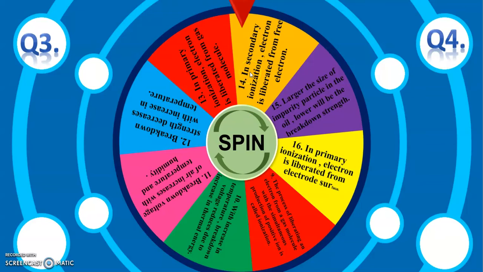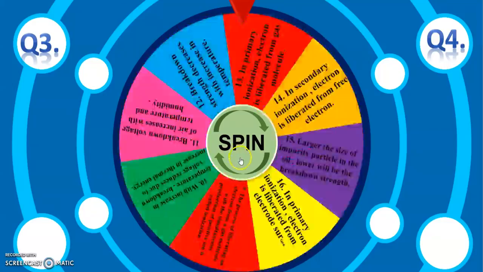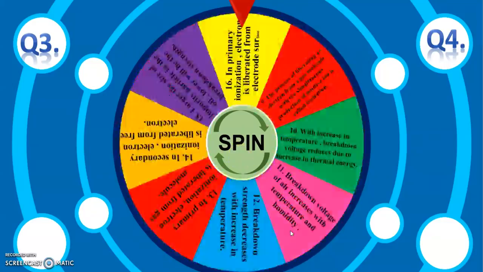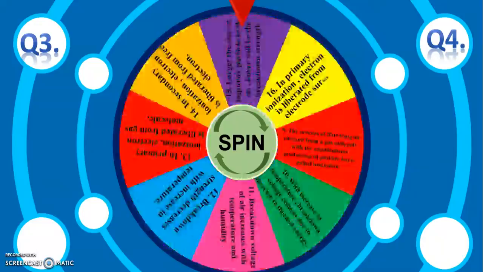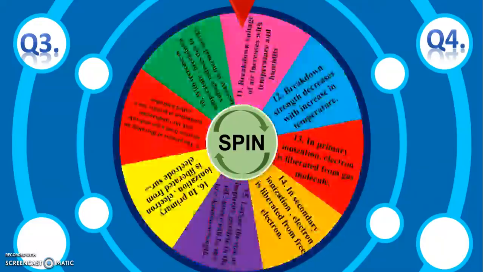Question number 14: in secondary ionization, an electron is liberated from a free electron. Ankita has said false. Now do I have to move to the next slide or just spin again? Digvijay, you have to say stop.